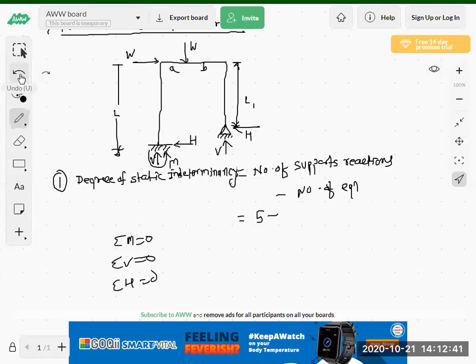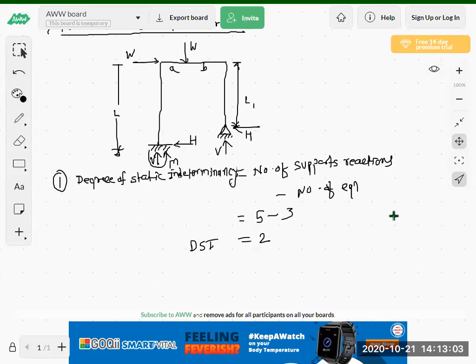If we have to consider the stability of this structure, then these 3 equations must be satisfied. So the equations are 3, and the degree of static indeterminacy, DSI, is equal to 2.